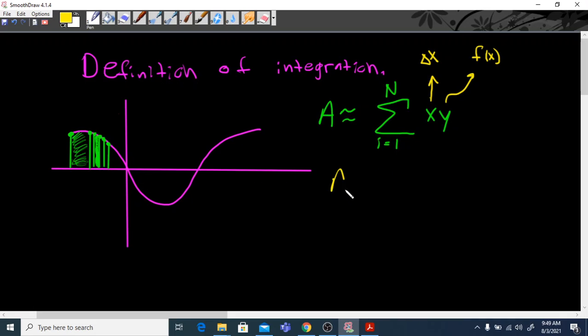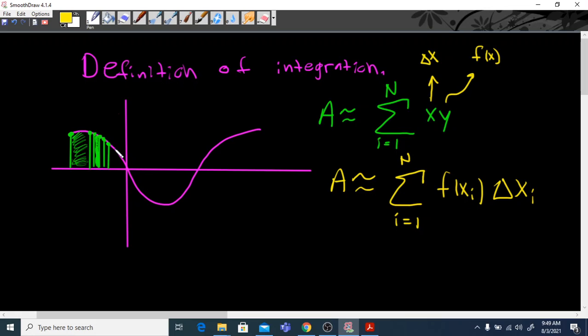So we wind up with the area is approximately the sum from i equals 1 to n of f of x sub i, the ith x value, multiplied by the width, delta x sub i.